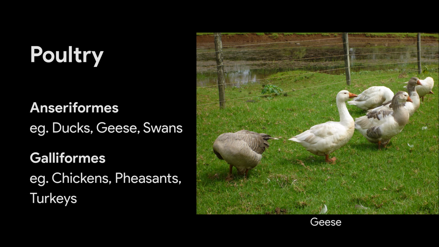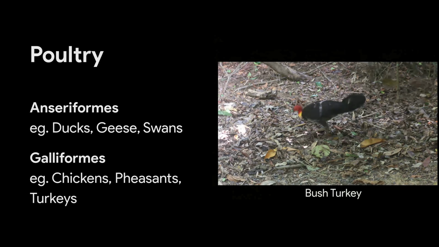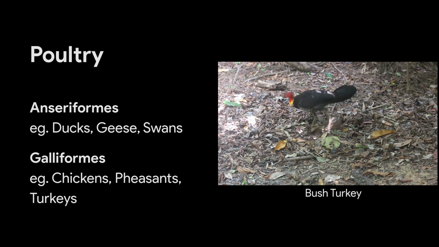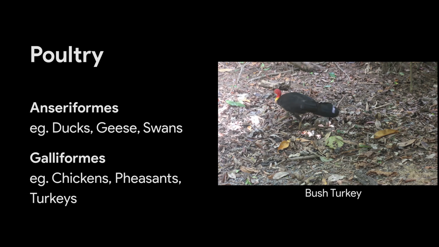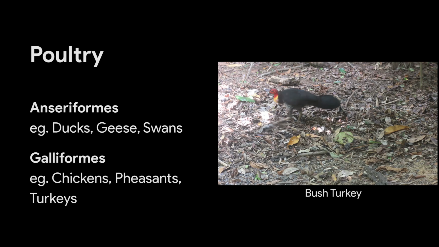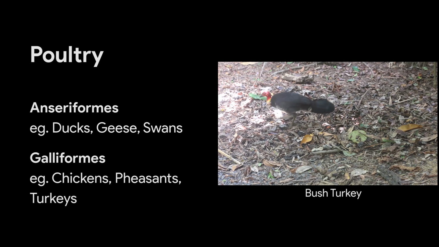Poultry are birds that come from two different orders. The anseriforms includes the ducks, geese, swans, and screamers. The other order of poultry are the galliforms, which include pheasants, grouse, turkeys, guinea fowl, and chickens.